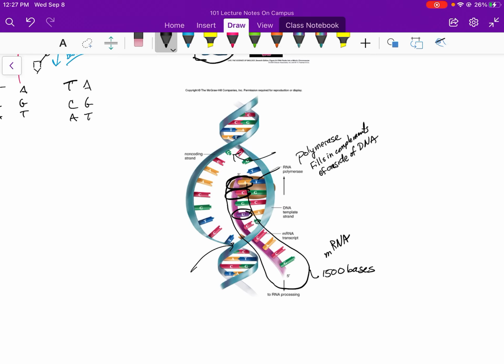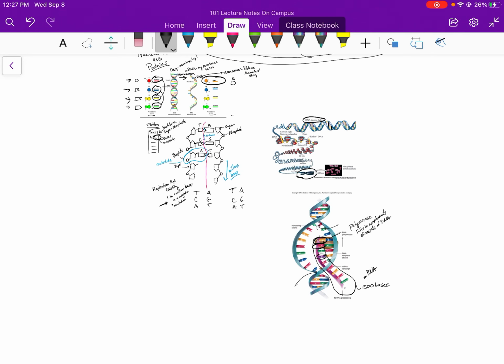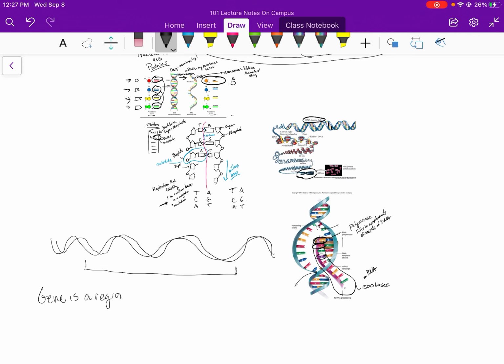Now that section of DNA, if this is DNA, you have to use your imagination here. I'm going to add a little bit of genetic information here. We might say that a certain region of DNA is called a gene. A gene is a region of DNA that codes for a protein.